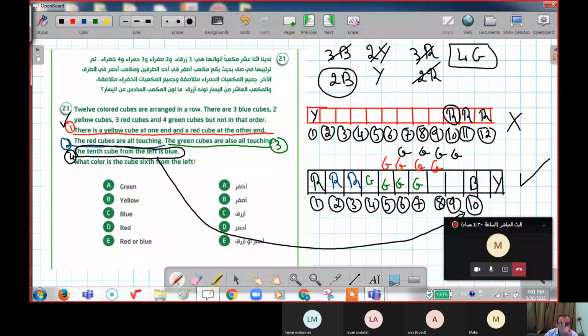In the three options, the four green cubes are consecutively, successively, all touching. The question is about what color the cube number 6 is. In our three choices, the sixth cube is green.